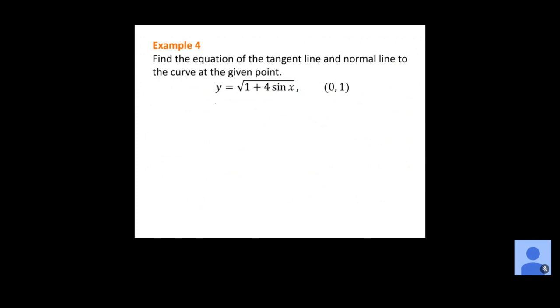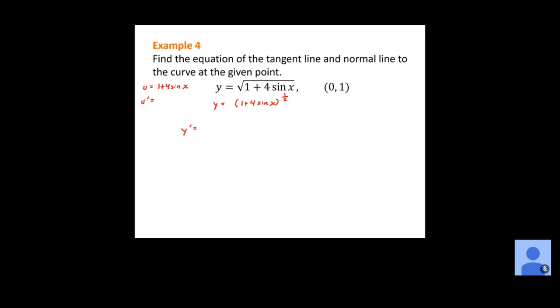All right, good. Let's go ahead and make that a fractional exponent. So I'm going to rewrite this now as 1 plus 4 sine of x to the 1/2 power. All right, so now we can do our y prime. So how are we going to find y prime? All right, this is going to be a chain rule, so we'll let u be the inside piece here. Let's say u equals 1 plus 4 sine of x.